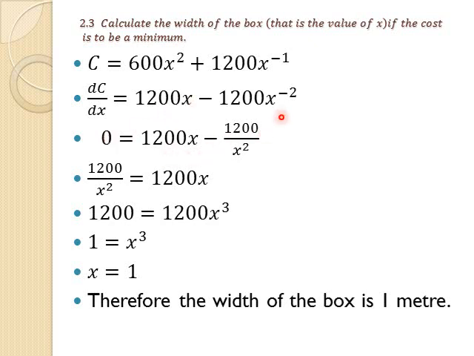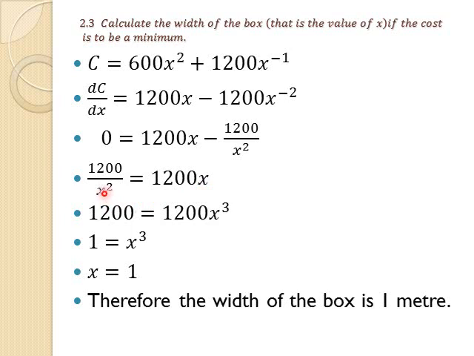1200x minus 1200x to the power negative 2 equals 0. My apologies, if I write x to the power negative 2 as positive, take it to the bottom and it becomes x squared. Take that across: negative 1200 over x squared becomes positive 1200 over x squared, equals 1200x.